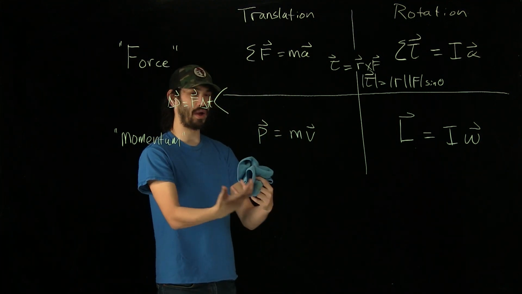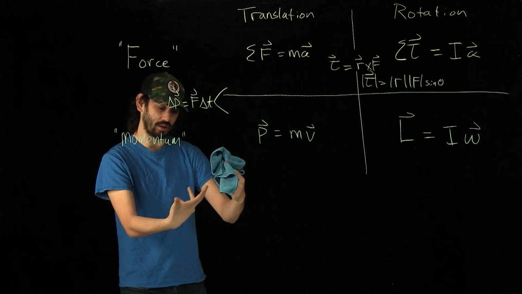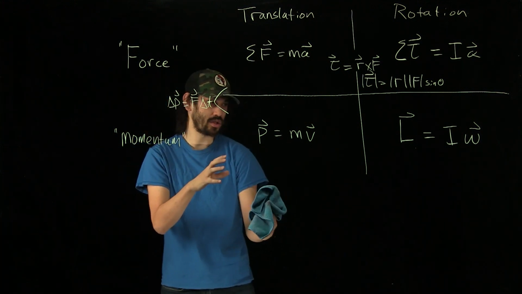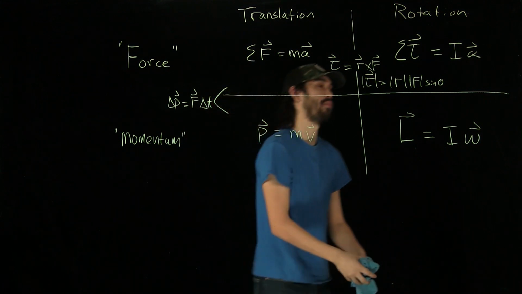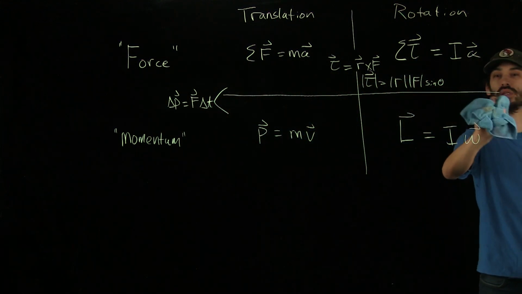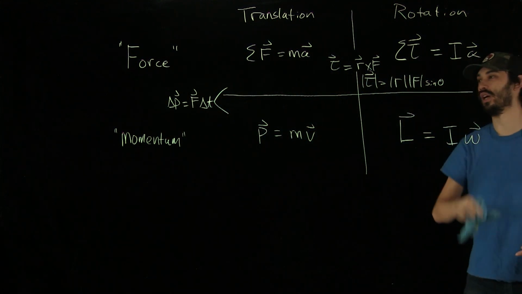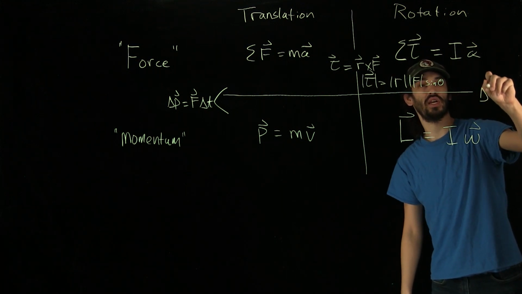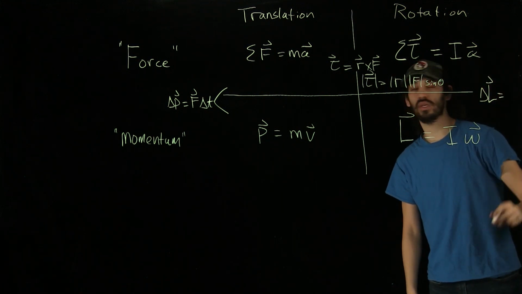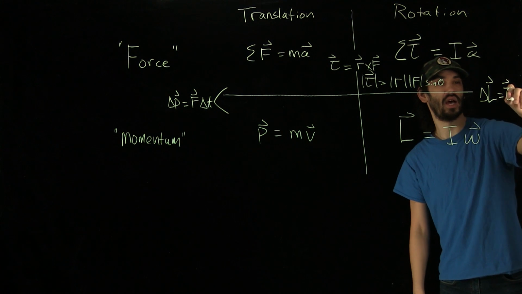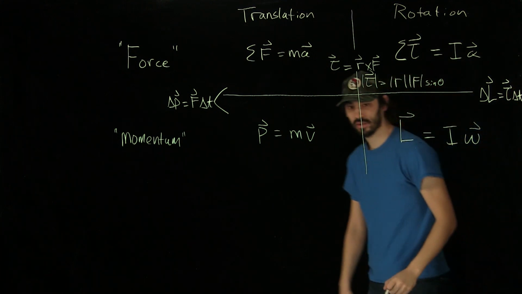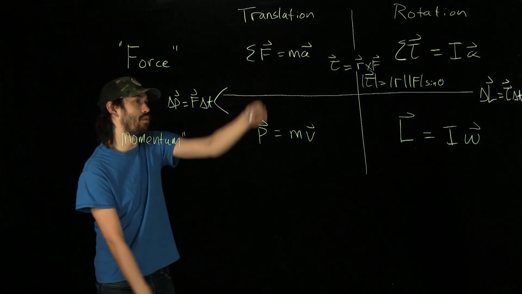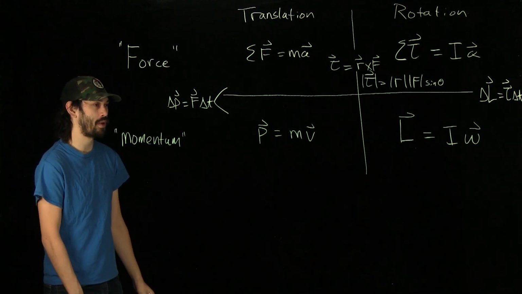That's to say that if we apply some torque over a certain period of time, that's going to impart some angular momentum. Written in equation form, this says that some change in angular momentum is going to be equal to some torque times some delta t. Okay? So that's our connection between torque and angular momentum.